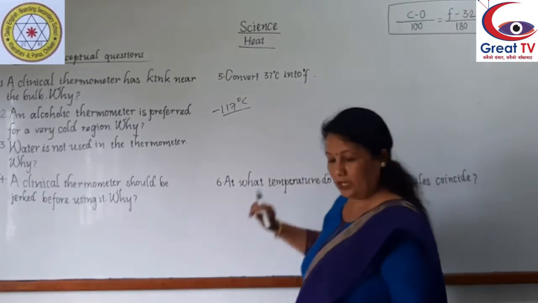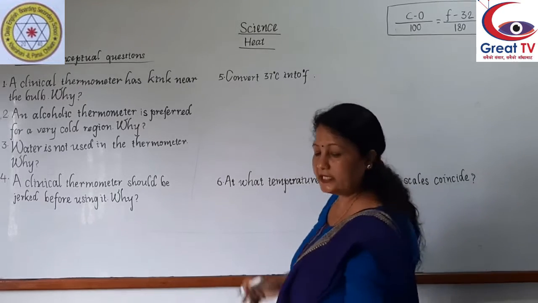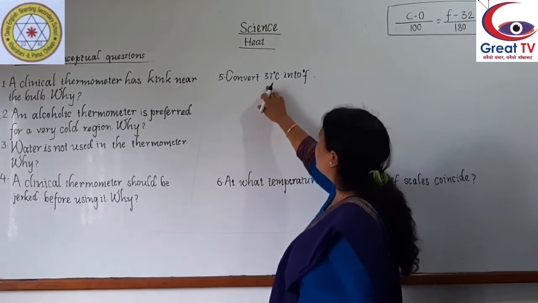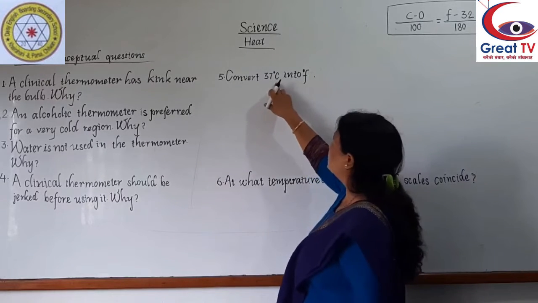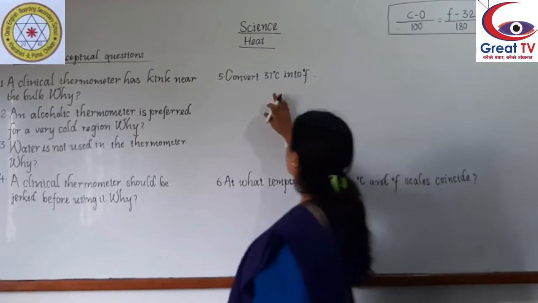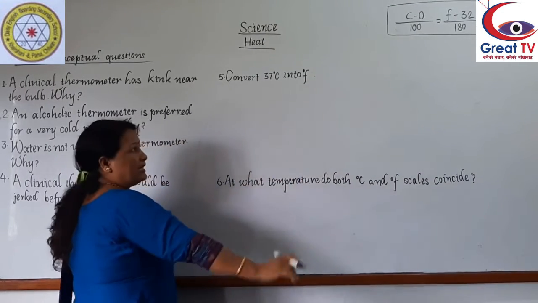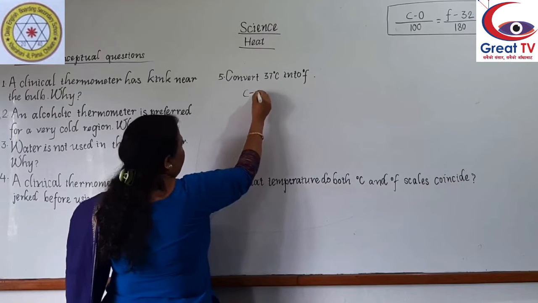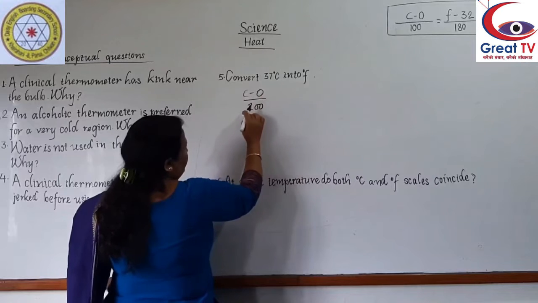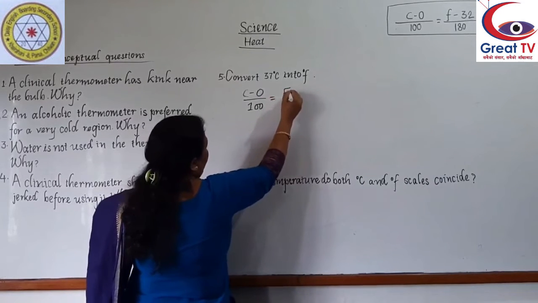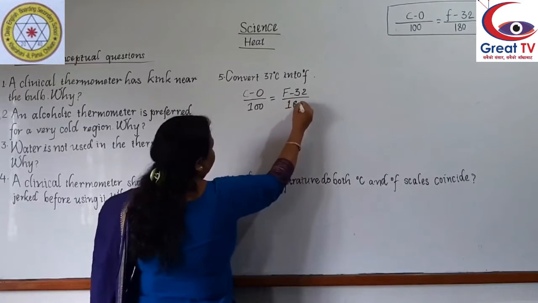Now we have some numerical problems to convert Celsius into Fahrenheit. Convert 37 degrees Celsius into Fahrenheit. To convert Celsius into Fahrenheit, we should write the formula relating Celsius and Fahrenheit: (C minus 0)/100 is equal to (F minus 32)/180.